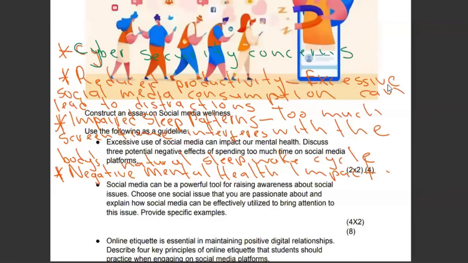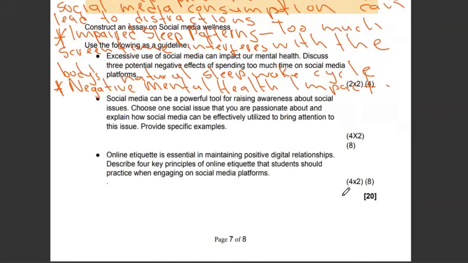All right. The next question: social media can be a powerful tool in raising awareness about social issues. Choose one social issue which you are passionate about and explain how social media can be effectively utilized to bring attention to the issue, providing specific examples.